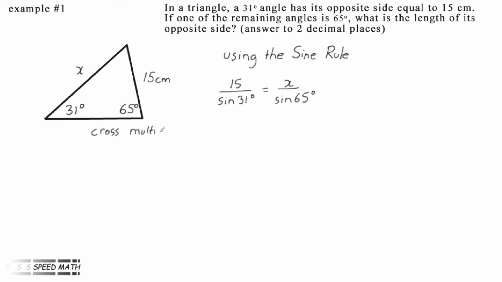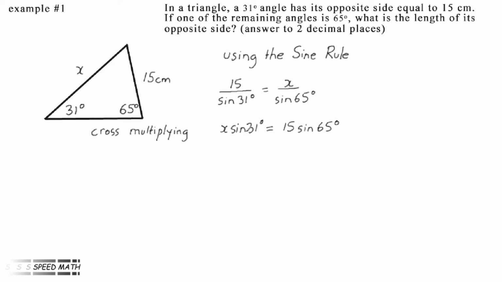And if we now cross multiply, that's the bottom multiplied by the top and the top multiplied by the bottom, we get x sine 31 degrees equals 15 sine 65 degrees.